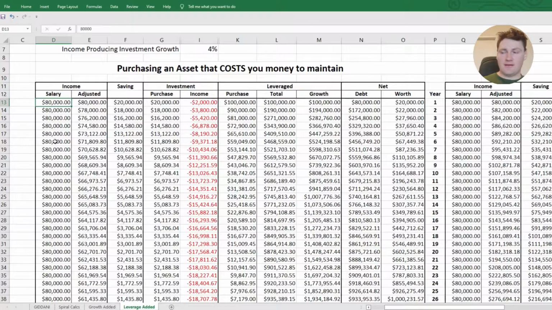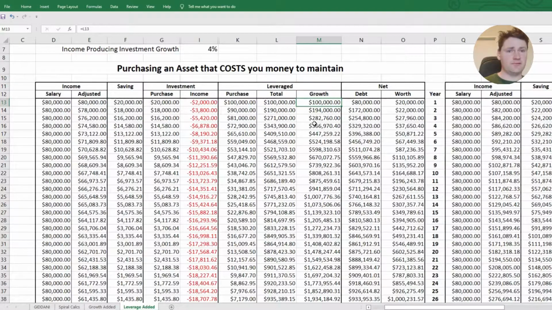You start off with your $80,000 for year one. You're able to save $20,000. You use that $20,000 to purchase a property worth $100,000, leveraging your money. So your total portfolio at this stage is $100,000.